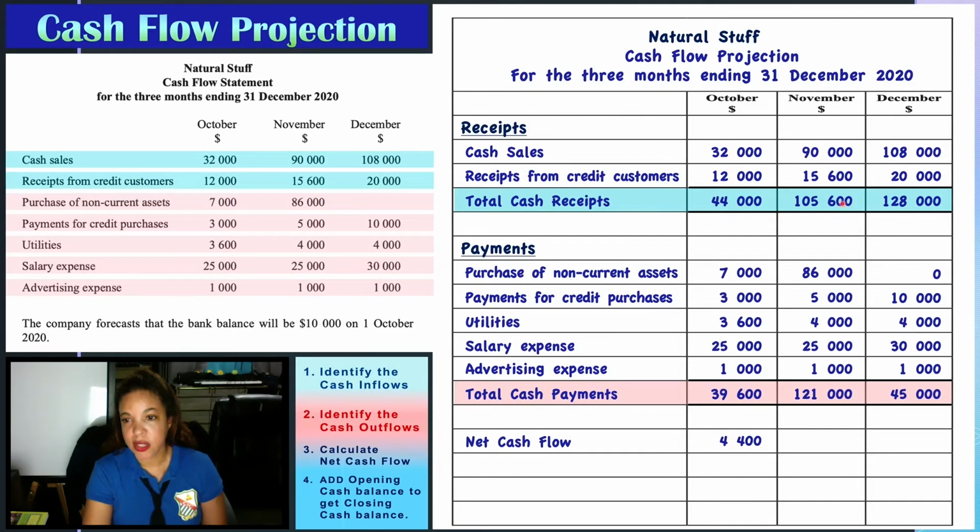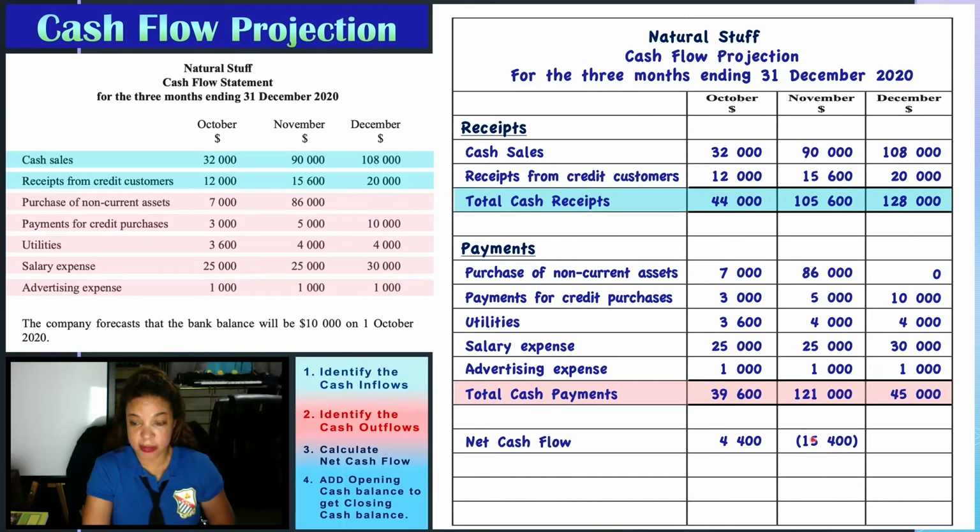4,400. The 105,600 minus the 121,000 is negative 15,400, which is shown by having the brackets. Okay, what you see here is the payments in November exceeded the amount of receipts. This is why we have a negative cash flow.